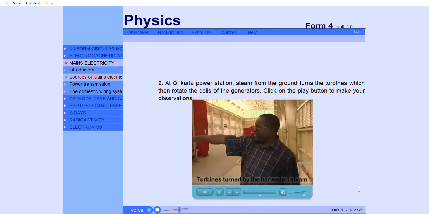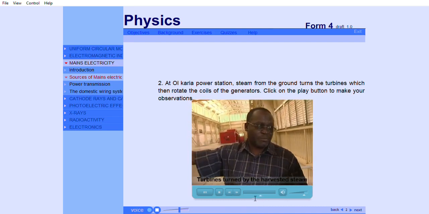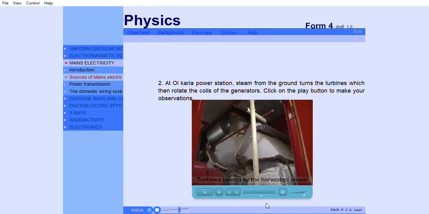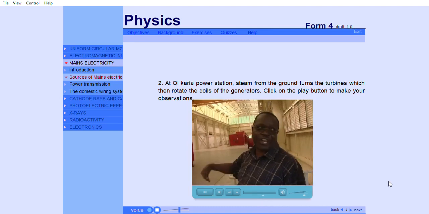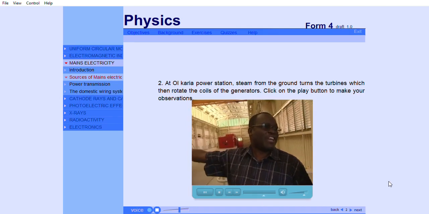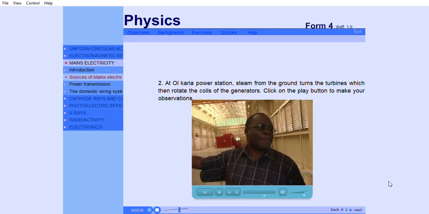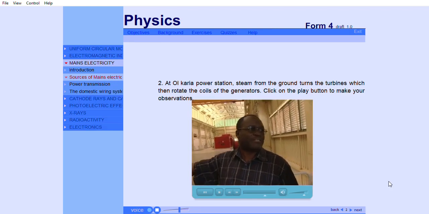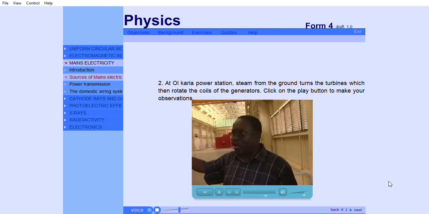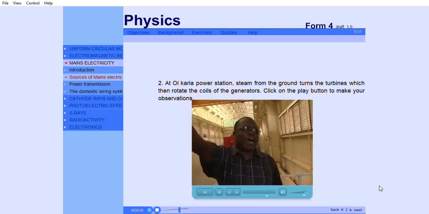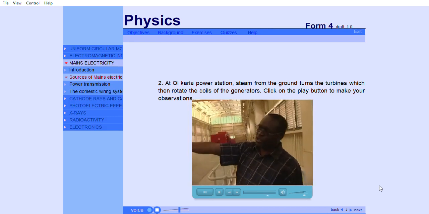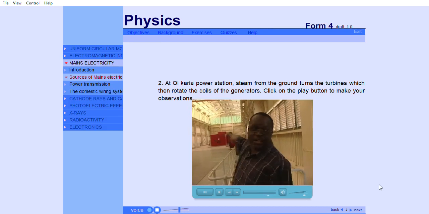The shaft, you can see, is rotating at 3,000 RPM, and also turning the generator on the other side. The generator produces electricity at 11,000 volts, but the power is 35 megawatts. So that is what comes out of this unit alone. We have unit 1, 35 megawatts, unit 2, 35 megawatts, and unit 3, 35 megawatts.